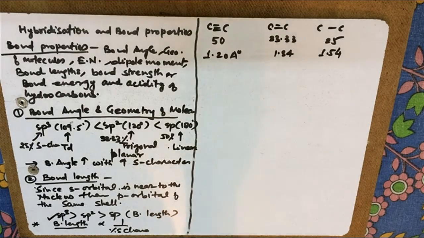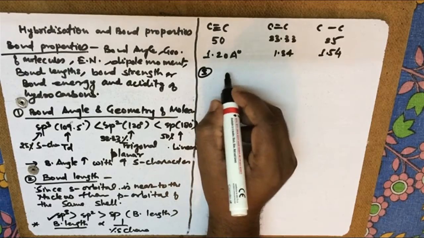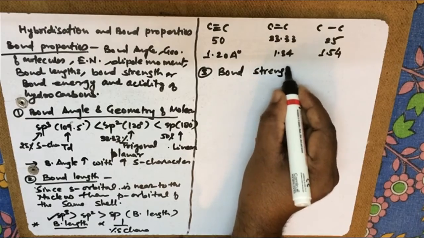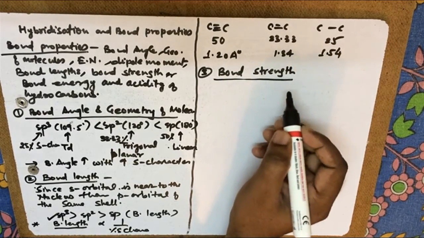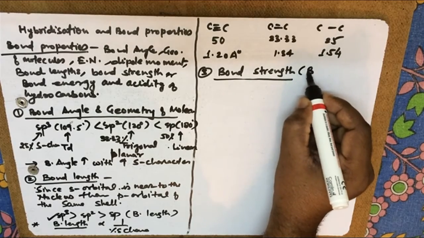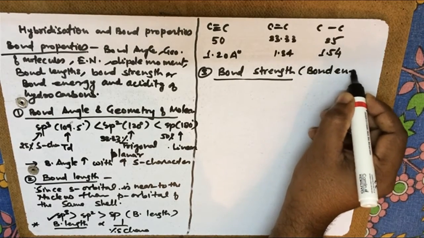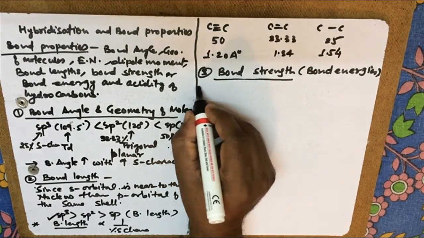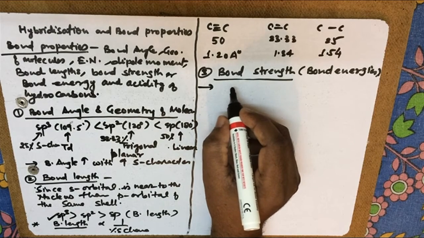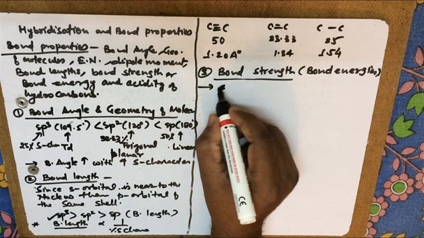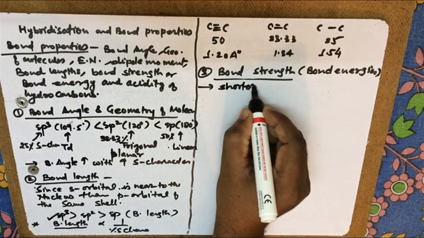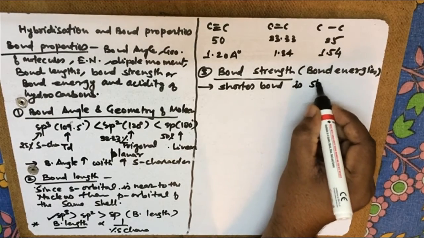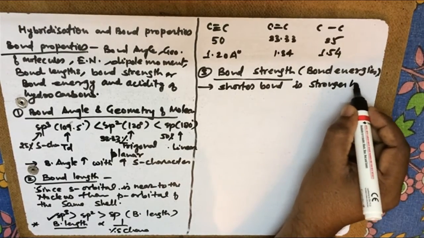Okay, now move to third, bond strength. So bond strength, we can say bond energy. As we know, the shorter bond is a stronger bond.